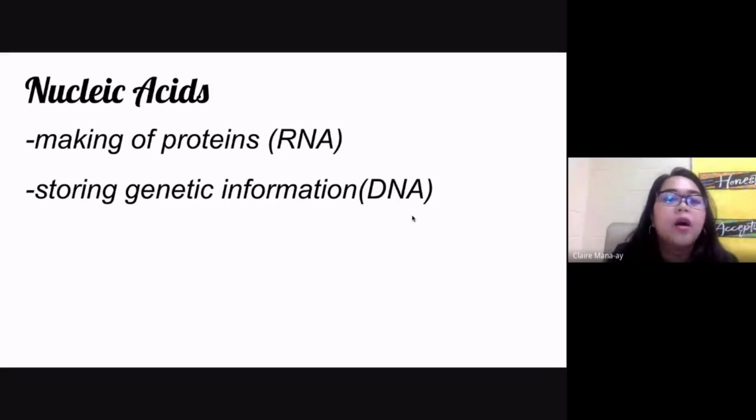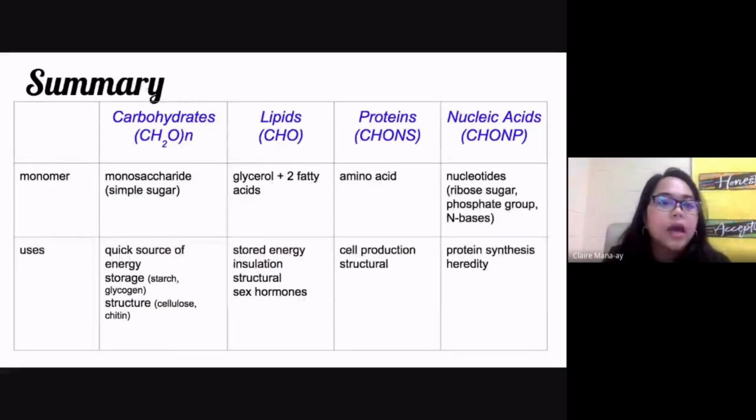Now, to summarize everything that I've talked about today, you have 4 major types of biomolecules. When you say biomolecules, these are macromolecules, big molecules in our body that support life, that keep us all alive. You have 4 types for this: your carbohydrates, your lipids, proteins, and your nucleic acids.